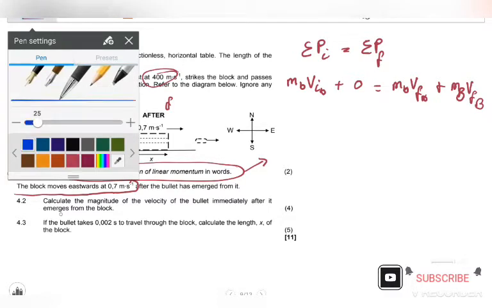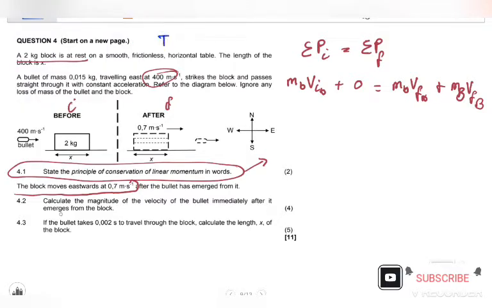Okay, so for the choice of direction, I prefer to take east as positive. So anything that's going east is going to be positive. Okay, so let's check this one. Mass of B, v initial of B. So the mass of the bullet is 0.015 multiplied by its velocity initial, which is 400, is equal to, here, the mass of the bullet finally.